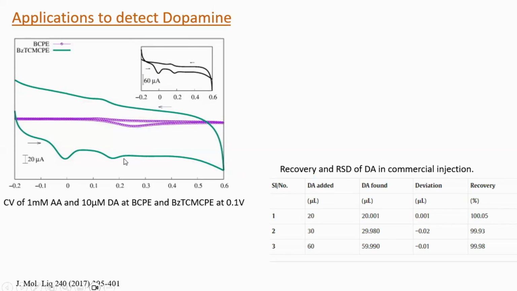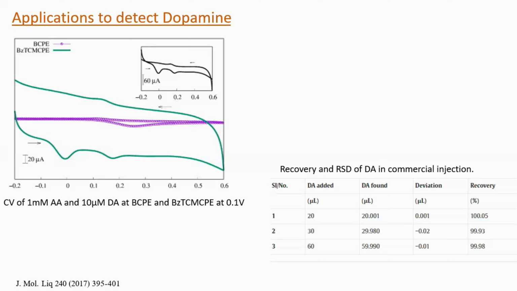But in the presence of the surfactant, we can clearly see the peaks are distinguished. That means I can clearly know whether only dopamine is present or only ascorbic acid is present, or if both are present, I can know the exact concentration of both ascorbic acid and dopamine.